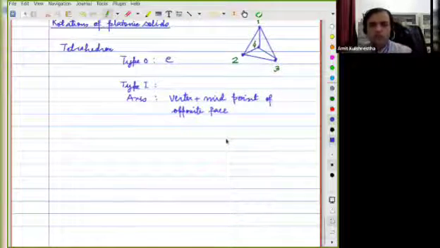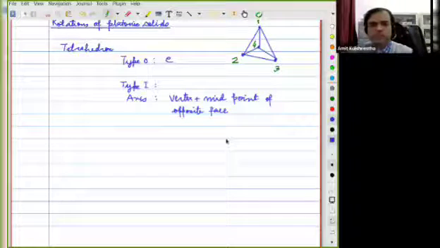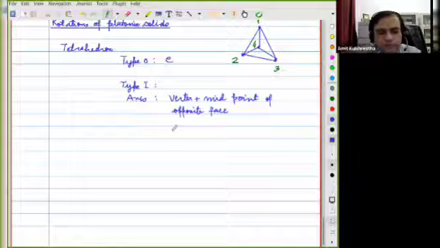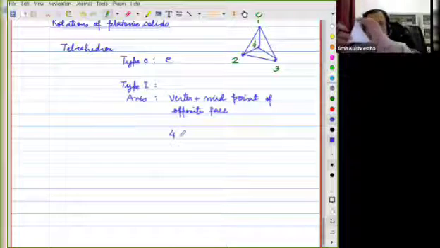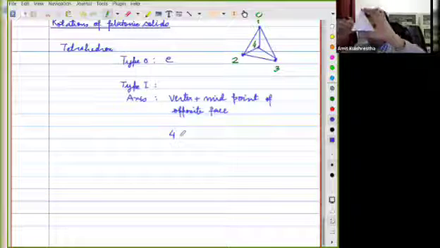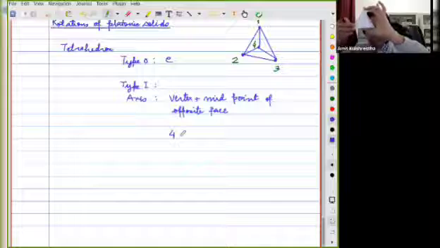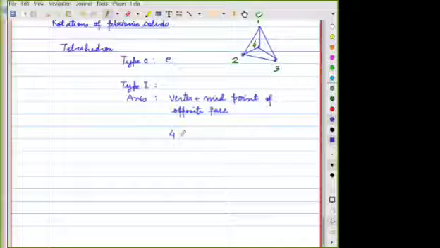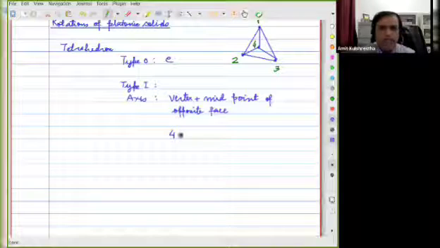How many choices of vertices are there? 4 choices. And each choice of vertex gives me how many rotations? This is the 1st position, this is the 2nd position, and this is the 3rd position, right? So how many things in the rotation group am I getting here?